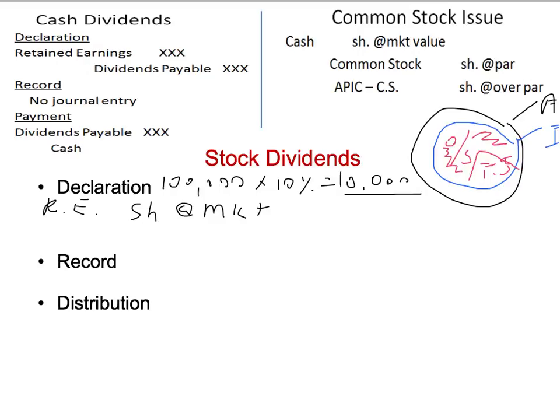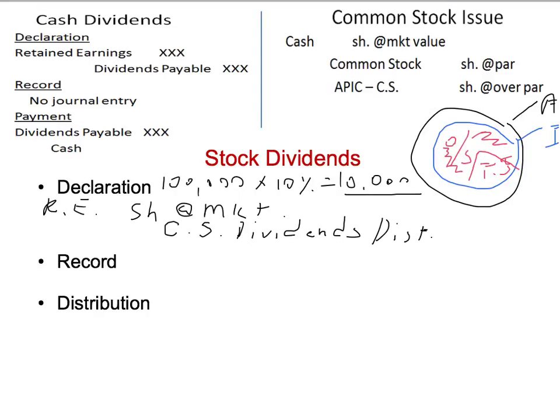Now, what will be the credits? The credits will be a combination of these two. So please watch it. Very similar to your common stock issue, we will credit a brand new account, common stock dividends, but not payable like you saw in the cash dividends, but distributable.